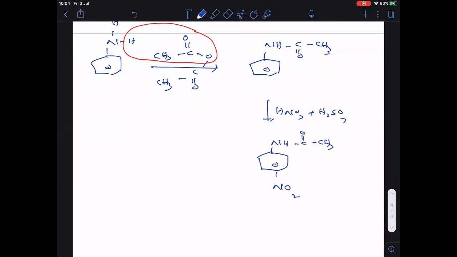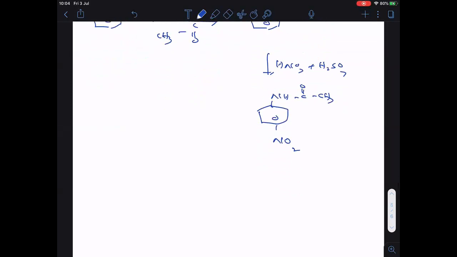This is para nitroacetanilide. Clear? And this para nitroacetanilide, when it further undergoes hydrolysis, okay, now what happened here?